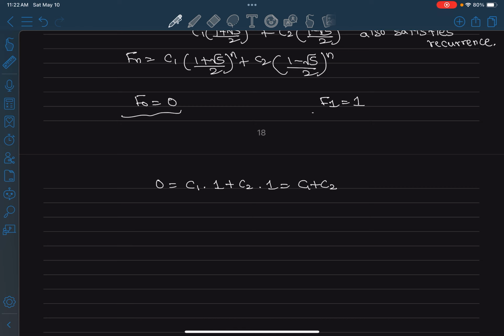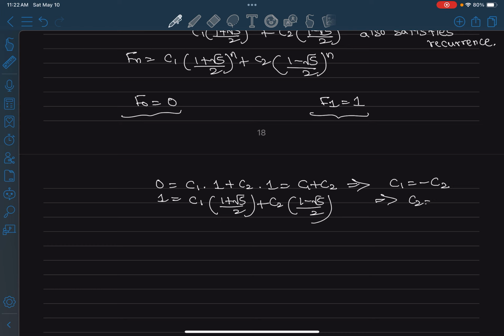And using the second, f1 equals 1, this gives us 1 equals C1 times (1 plus root 5) by 2 plus C2 times (1 minus root 5) by 2, right? Now, since we already have C1 plus C2 is 0, we know that C1 equals negative C2, or also C2 equals negative C1.